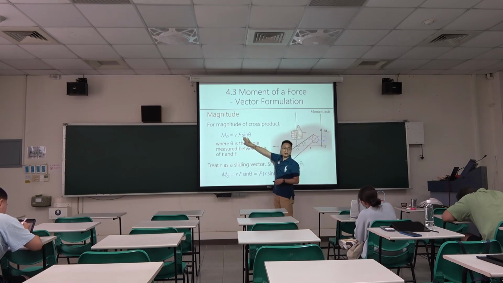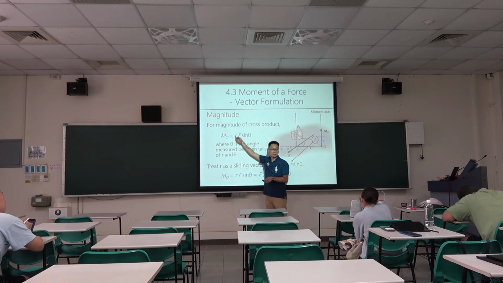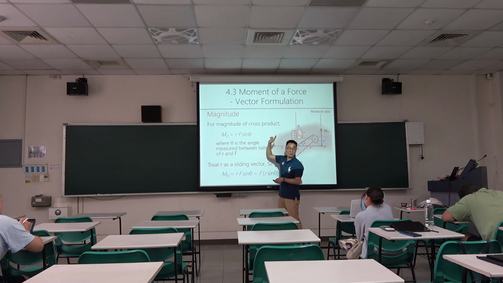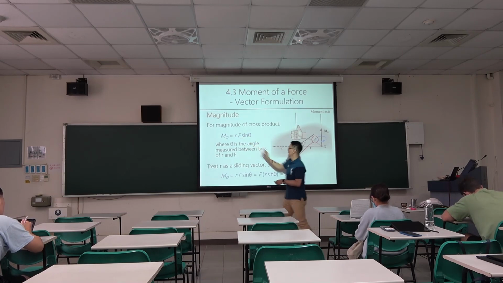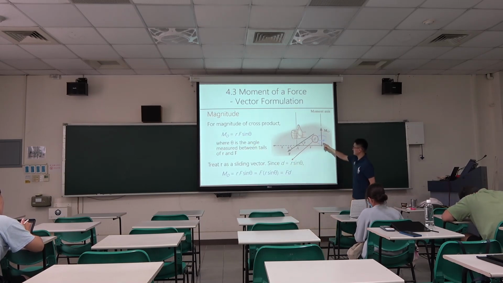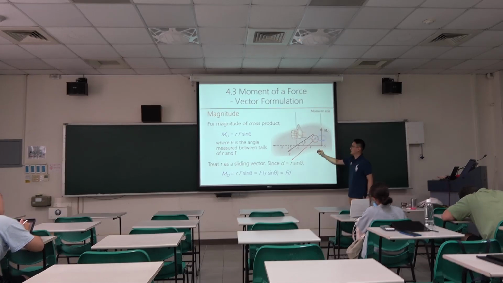That's the cross product, in terms of magnitude. r cross F is rF sine theta. All of you agree with this? I want you to pay attention to sine theta. This meaning can be shown like this.